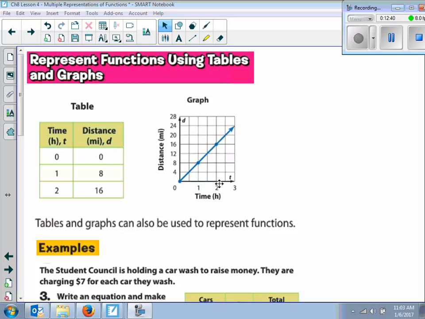You need to know that you can represent a function in 4 different ways. You can use words, you can use an equation, you can use a function table, and you can use a graph to represent functions. Is everybody clear? All right.